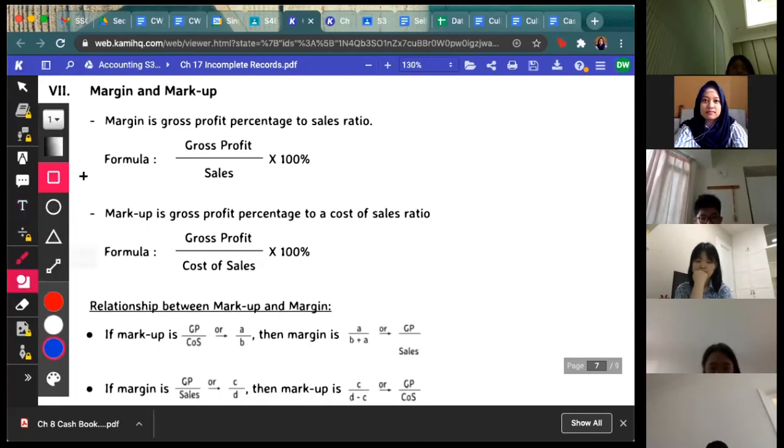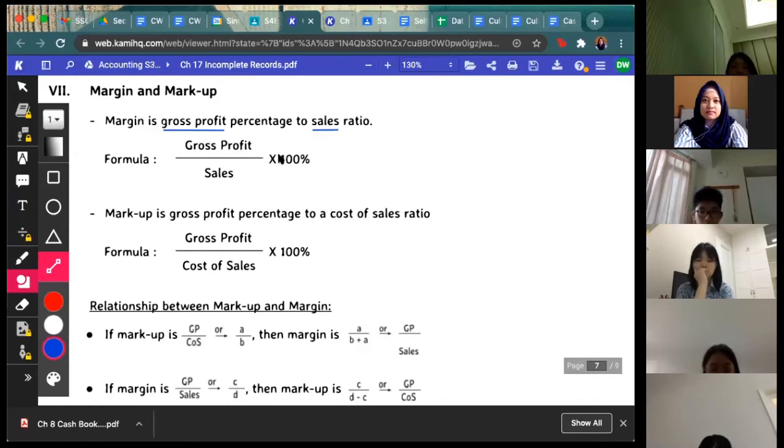So margin, by definition, is gross profit percentage to sales ratio. It is gross profit over sales. So the formula is gross profit divided by sales times 100%.